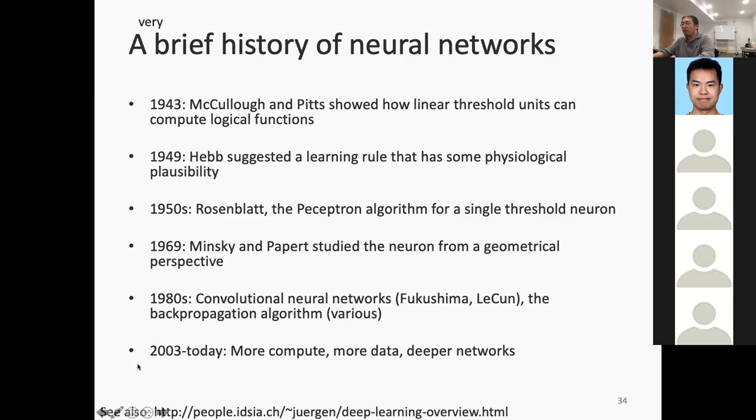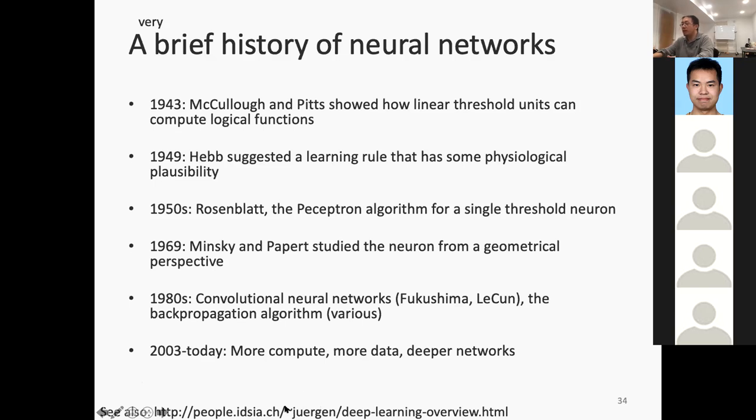And from 2003 to today, it is the prosperous time for modern neural networks, because people found that we have powerful machines, we have GPUs, we have big data, and people found out, okay, if I combine these powerful computation resources and huge amounts of data, neural network is really doing an amazing job in many challenging tasks. So if you want to know more gossip about neural networks, look at this slide.